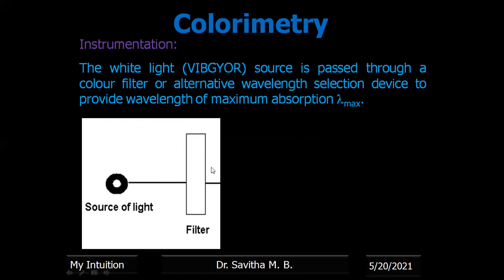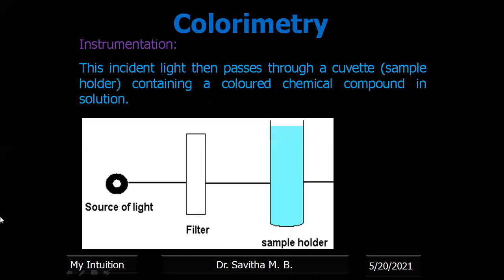Whenever we are analyzing certain species, such as metal ions, that species has a particular wavelength where it absorbs maximum. Therefore, the filter is set to that wavelength. The function of the filter is to allow only that wavelength to pass through, and the rest is filtered off. The filtered radiation, the incident ray, then has to pass through the sample.